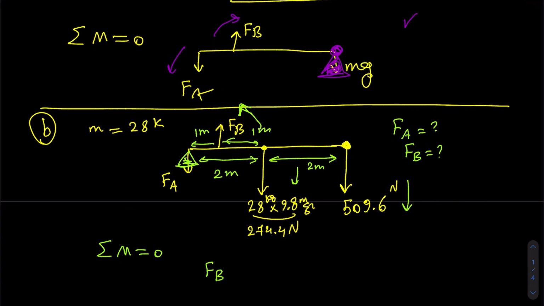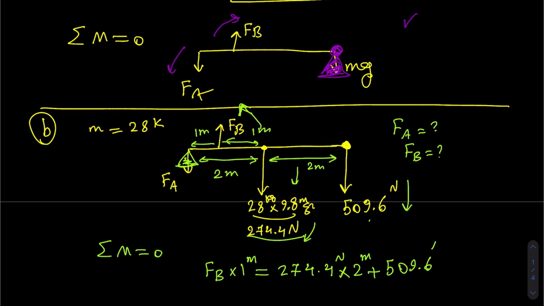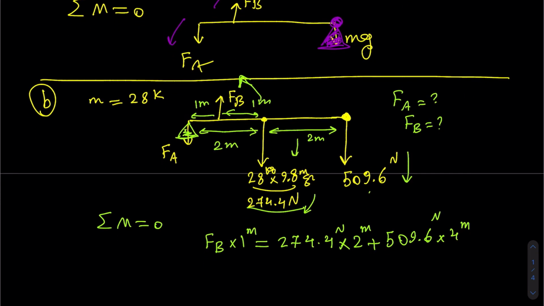All right, then FB times 1 meter must be equal to the moment of force created by this, which is clockwise, 274.4 Newton times the distance of this force to the fulcrum, which is 2 meters, plus the moment that the weight of the diver makes with respect to fulcrum A, 509.6 Newton times 4 meters, and then we will get FB is equal to 2587.2 newtons. So this is FB.